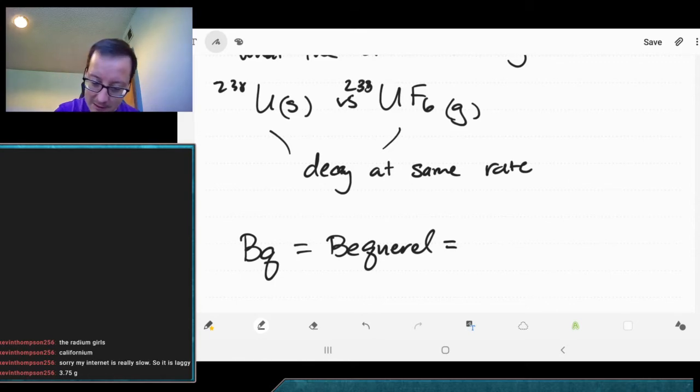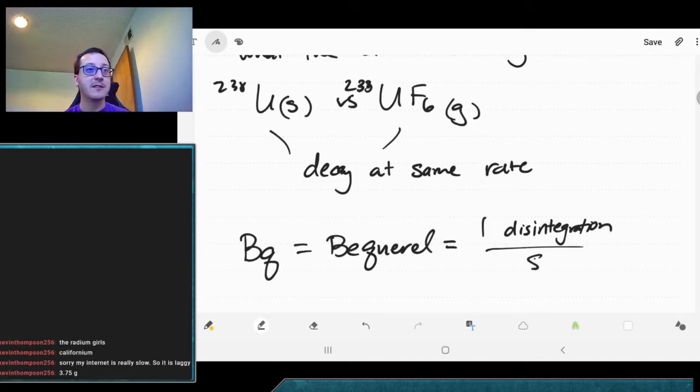And we see that this is one disintegration per second. That's what a becquerel is defined as. And so you're looking at one nucleus disintegrating per second is a becquerel. And so, of course, because it's first order kinetics, there is a dependence on concentration, or the amount of substance you have.